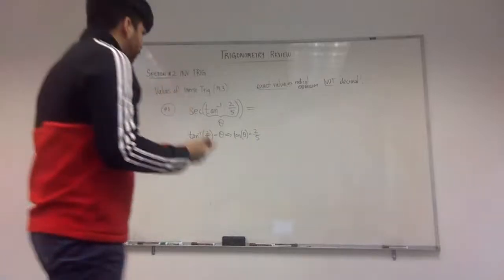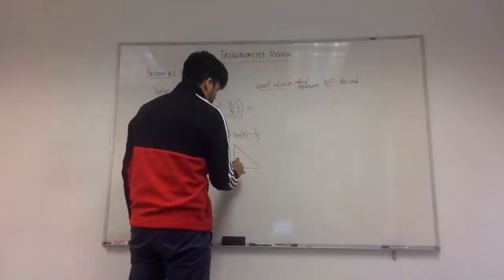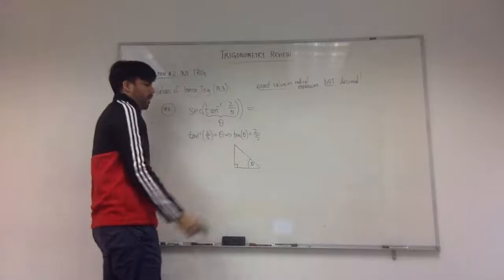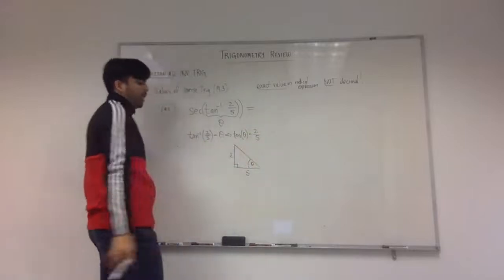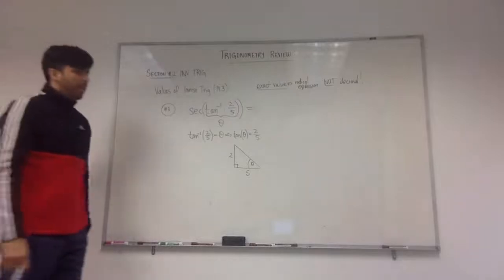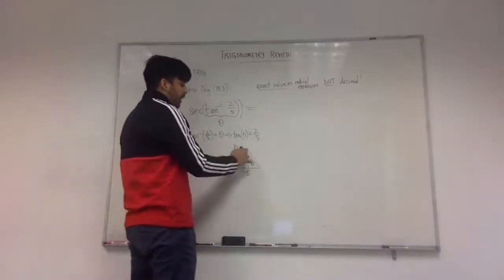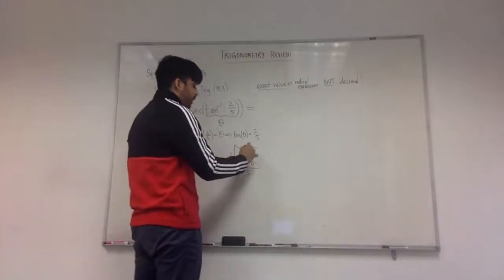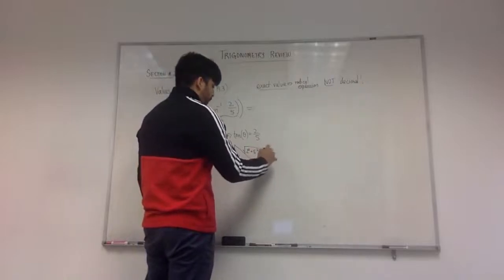Now, I can create a right triangle with these sides, the opposite side and the adjacent side. That's what tangent of theta represents, an opposite side of 2 and an adjacent side of 5. Now, how do I find the hypotenuse? I apply the Pythagorean theorem, which is 2 squared plus 5 squared, which is the square root of 29.